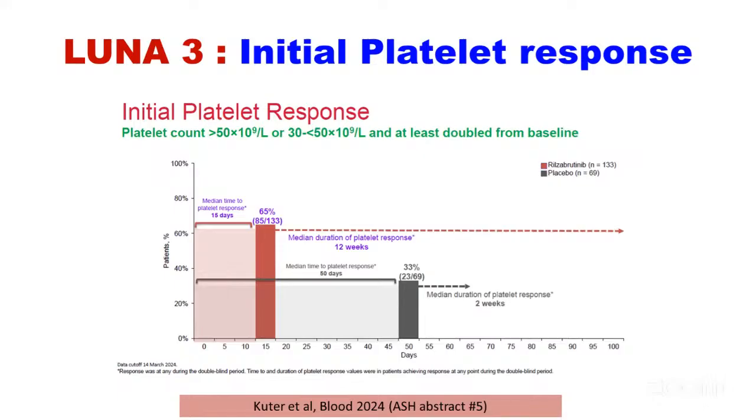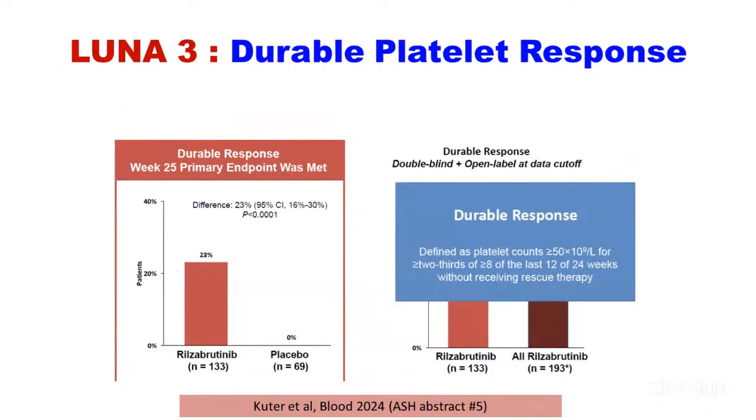It has been found that 65% of the patients respond within 2 weeks, and they maintain the platelet count over the period of time. Those patients who respond in around 50 days, about 30%, maintain it at a lower scale.